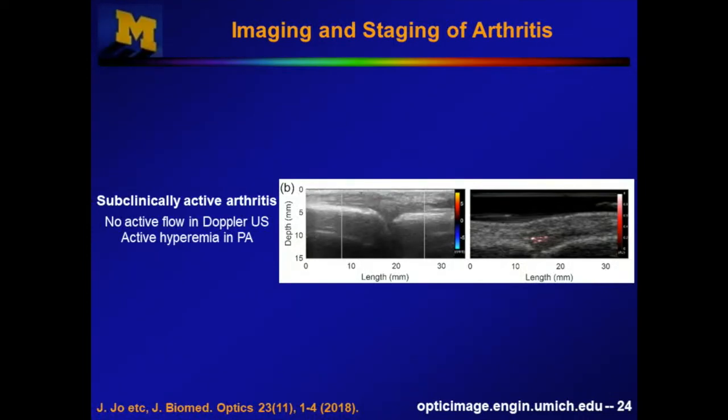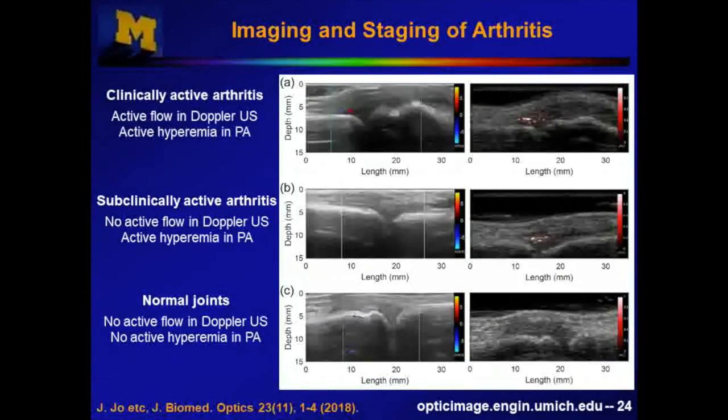We have really three groups of patients. We have patients with clinically active arthritis, and for these patients, we can detect their joint inflammation by either photoacoustic imaging or ultrasound. Both are able to detect it.